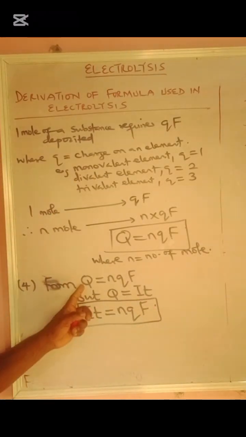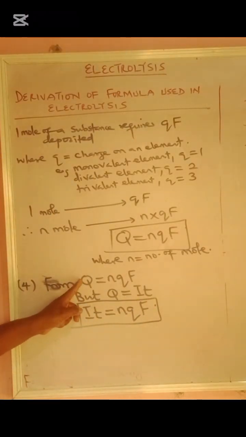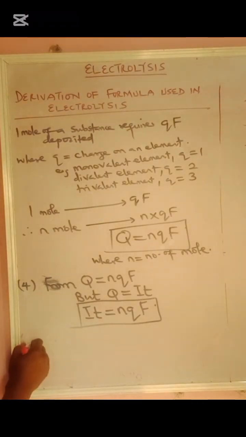So this one is written as IT equals NQF. You can still use this formula. Number 5. Recall. Okay, let me write the formula before telling you how to use it.